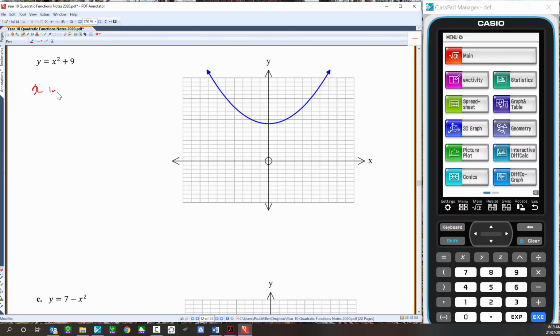x int, y equals 0. 0 equals x squared plus 9. x squared equals negative 9. What I'm going to do is square root both sides. x is equal to plus or minus the square root of negative 9. Now, what's wrong with that? Well, the first thing is, what's the definition of square root?